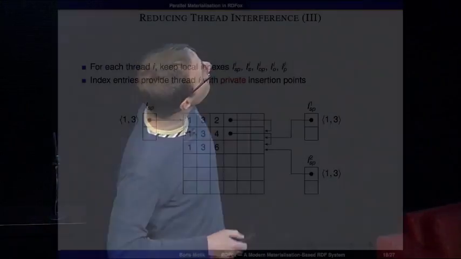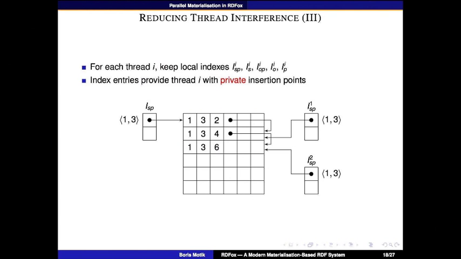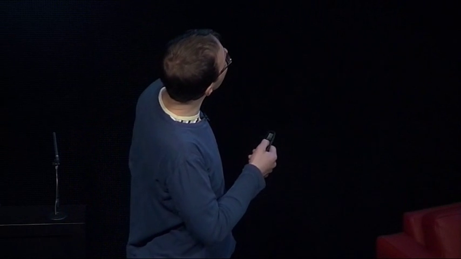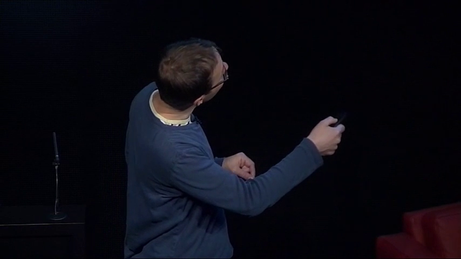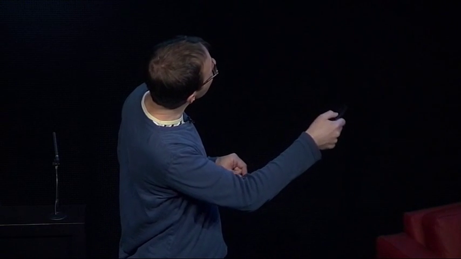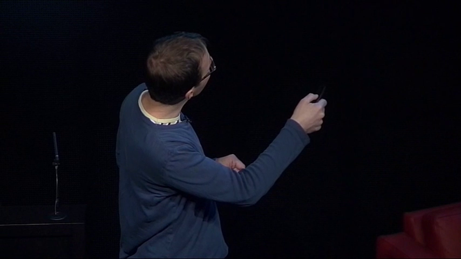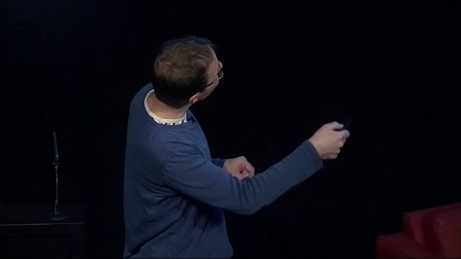And then the third thing: if you remember, we had this problem that common groups always went to the same place in memory. What we do is, we have this global ISP index, but we also keep indices per thread, which keep their private insertion points. There is this one list here, which goes from this triple to this, but every thread uses a different triple in that list as its insertion point.